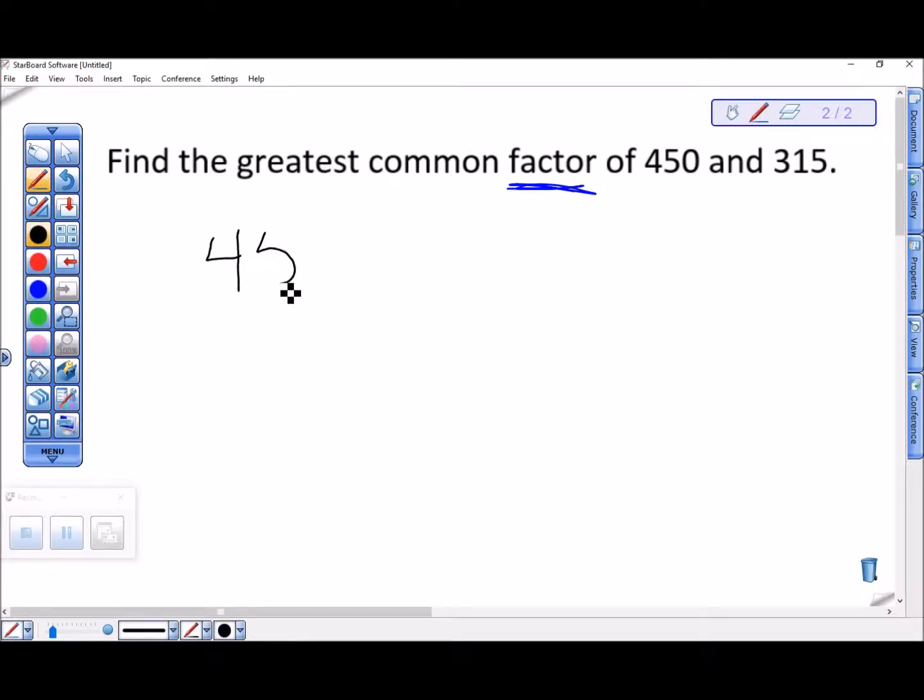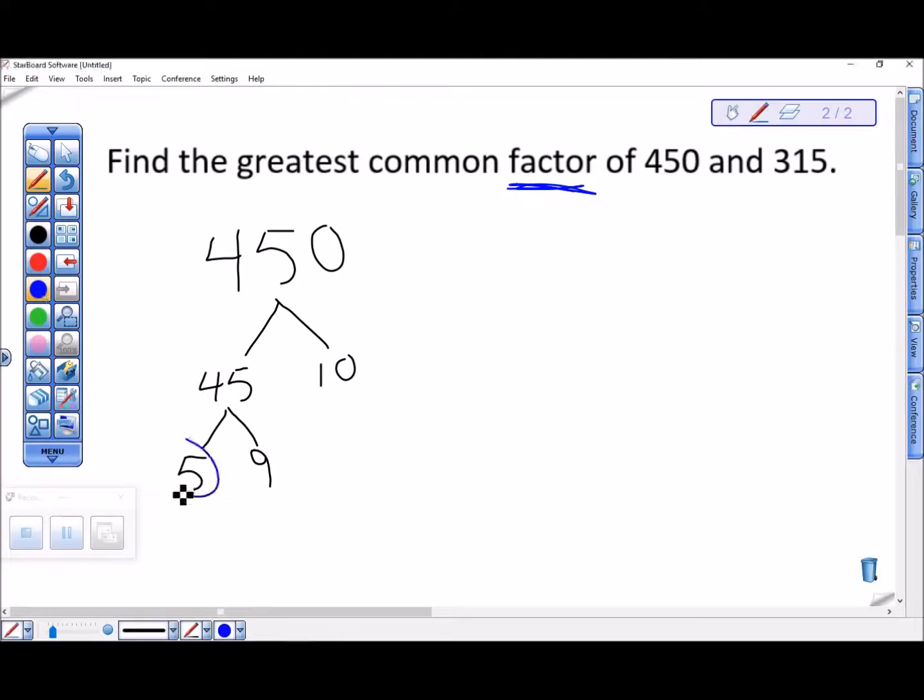So if I want to write the prime factorization of 450, I can use one of those factor tree things, right? I can just break this down into two numbers that multiply together to be 450 and keep breaking those numbers down until I'm left with just primes. 450 is perhaps 45 times 10. Neither of those is prime because I can see 45 is 5 times 9.